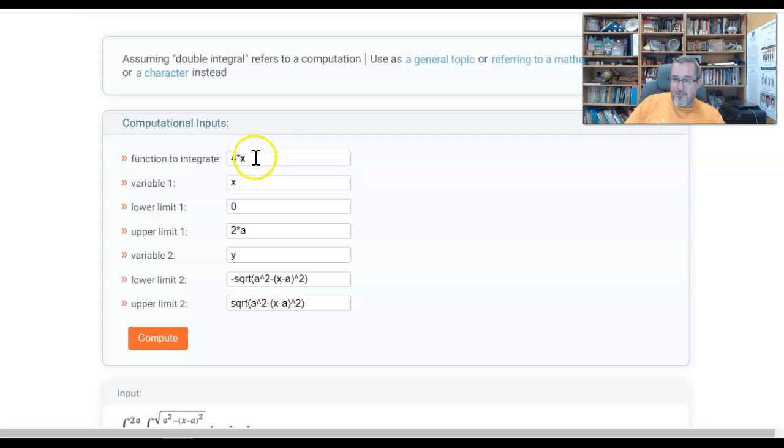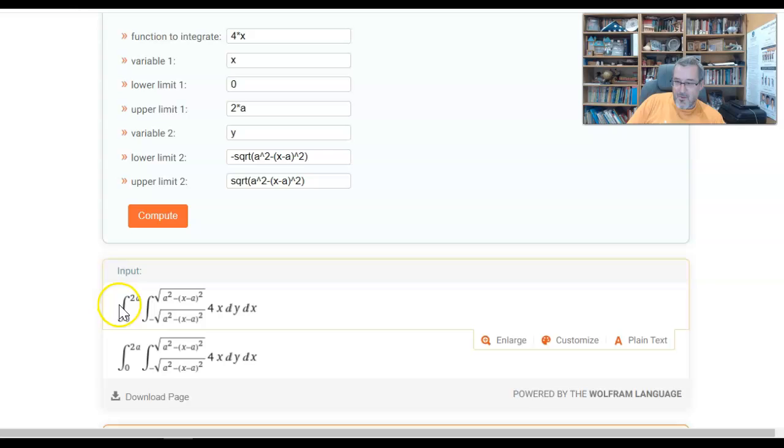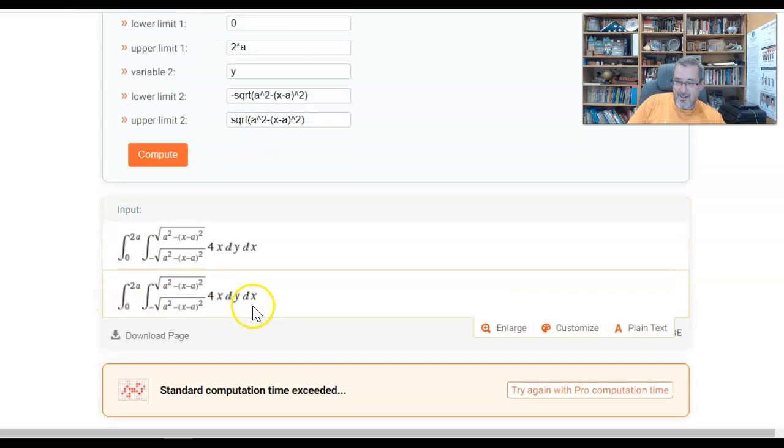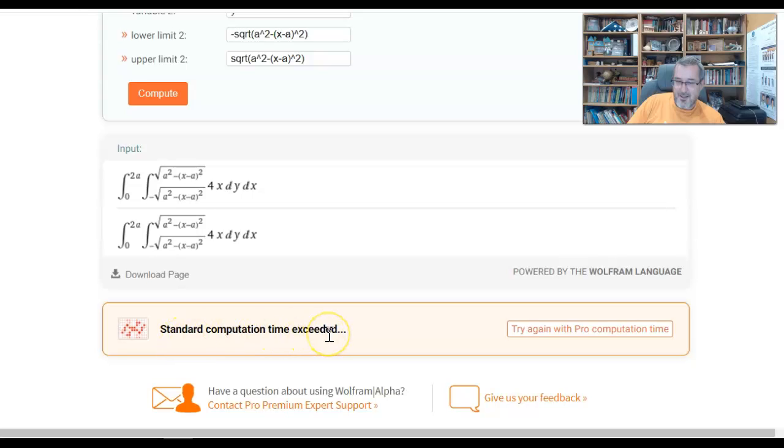We're going to integrate for x. We're going to have x going from 0 to 2a. Remember the 0 to 2a to get all the way across the diameter of that circle. Y is going to go from negative the square root to positive the square root. And so that's exactly what I want as my input, but standard computation time exceeded. So there you go.